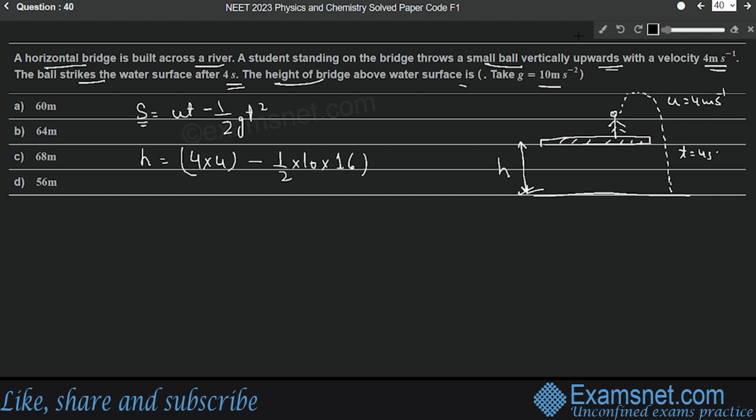So 4 into 4 is 16 minus 80. The unit of height will be meter, so 16 minus 80 means minus 64 meter. So this height is 64 meter, but minus sign shows that we are measuring from the top.